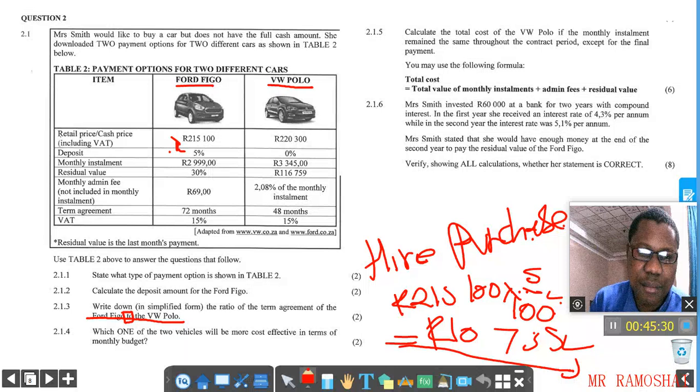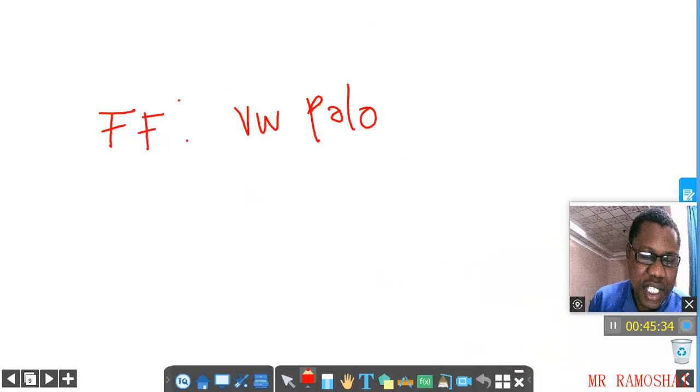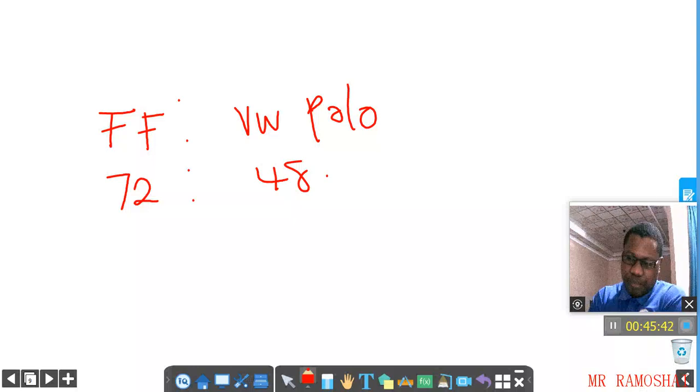Let's look at this term agreement, right? So we check the term agreement for Fortfigo is 72 months. Then this one is 48 months, right? So what do we do now? They don't want this in a unit ratio.